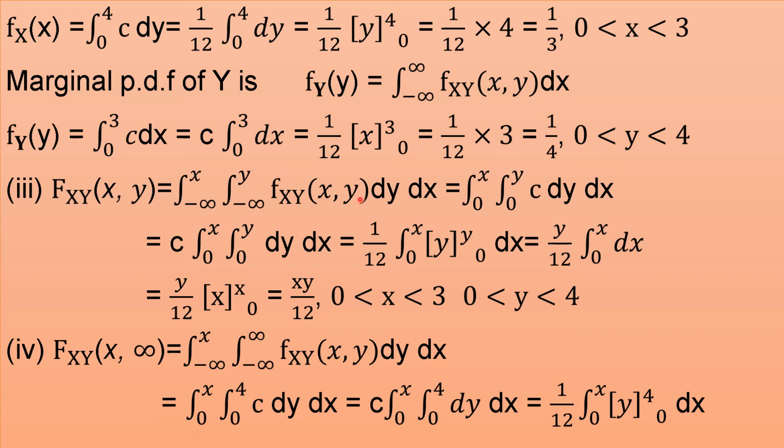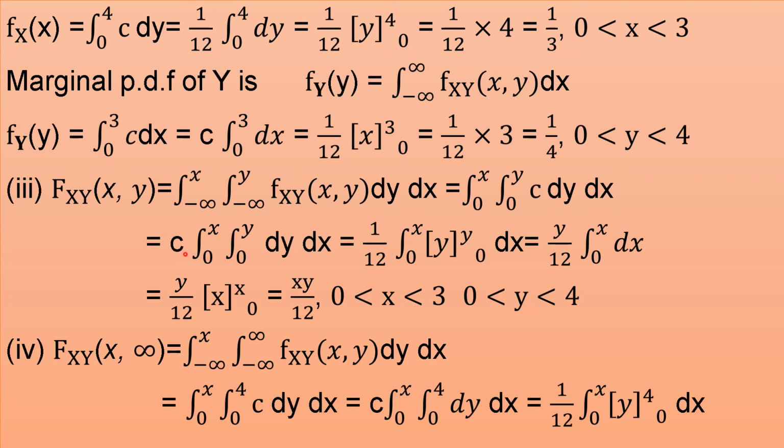Then you can take this integrand fxy of x comma y as c. For all other x and y values, this integrand will be 0. So need not consider those other values. C can be kept outside the integral sign. Inner integral 0 to y dy means y, difference at y and 0, y minus 0 or y.